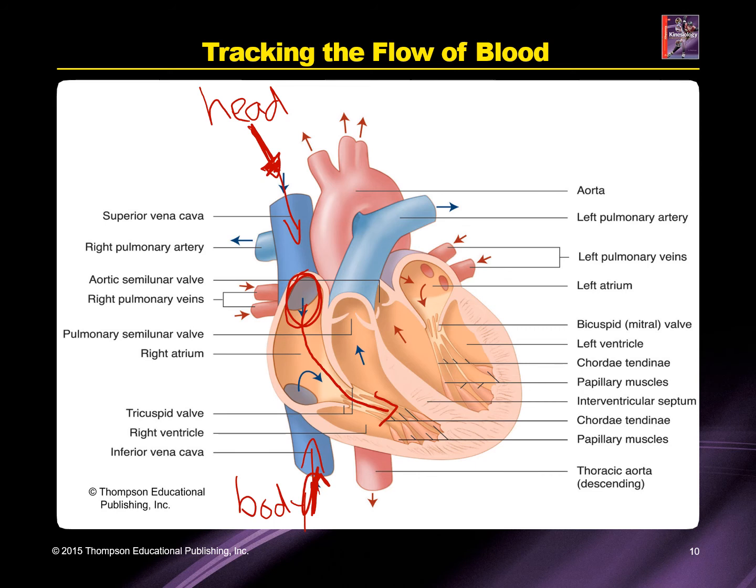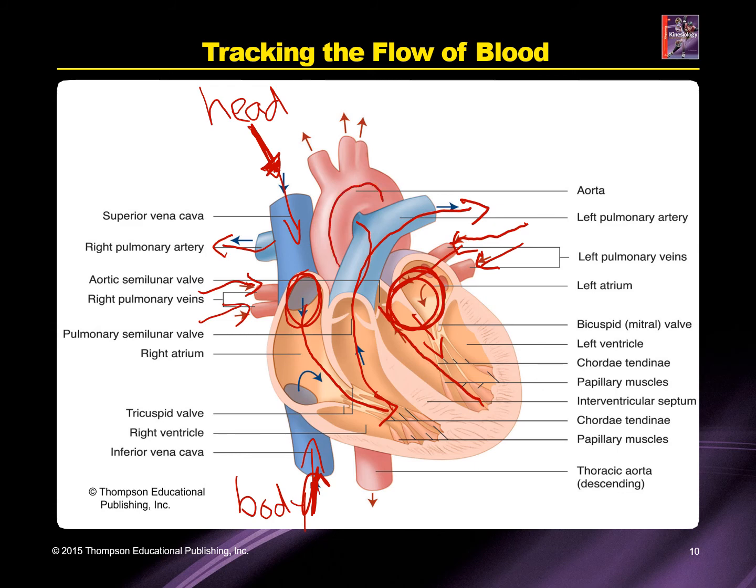And then from the right ventricle, it leaves out both sides of your heart through the pulmonary arteries, where it goes to the lungs. Then it returns through the pulmonary veins on both sides here, and all of the blood that's returning from the lungs travels to the left atrium, goes into the left ventricle, and then when the left ventricle contracts, all of this oxygenated blood travels out through the aorta.